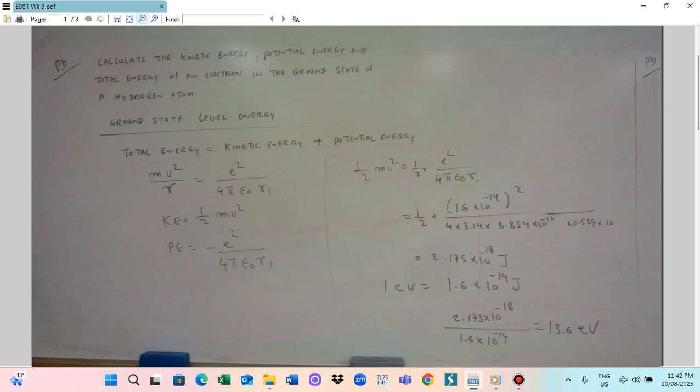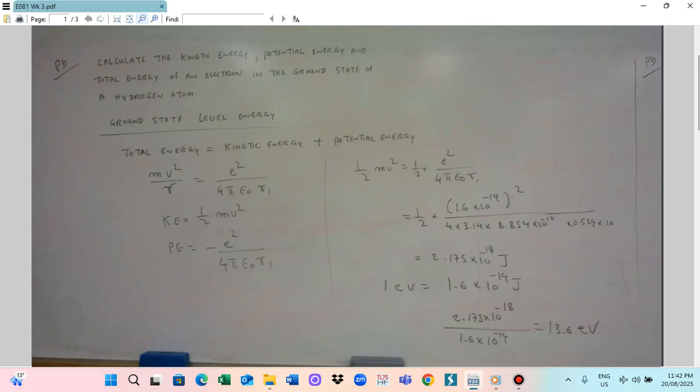So you can substitute here: half multiplied by e, the electron charge, 1.6 multiplied by 10 power minus 19, squared, divided by 4 multiplied by 3.14 multiplied by 8.854 times 10 power minus 12 multiplied by 0.529 times 10 power minus 10. By solving this, you get 2.175 times 10 power minus 18 joule.